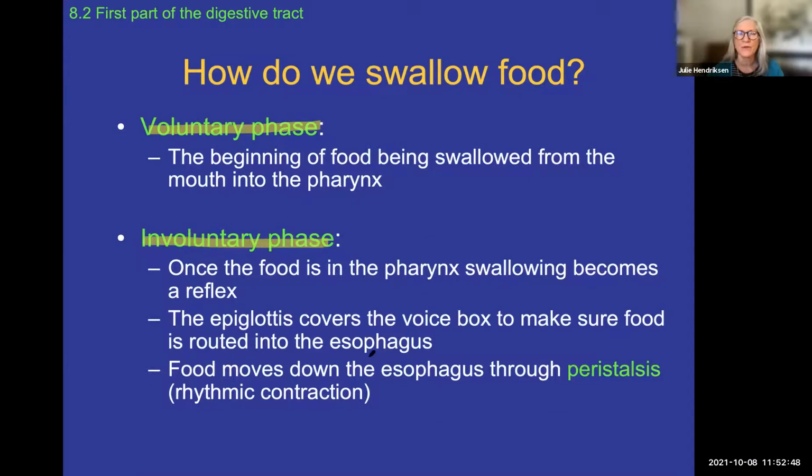All right, so food is in the pharynx and touches the back of the pharynx there and initiates a reflex. And understand, of course, we don't want it to go to the front of the throat, which would be where your trachea is and your larynx, your voice box. So there's a structure known as the epiglottis that is going to fold over, cover the space that goes to your trachea, your windpipe. And now you're just going to swallow and move that food down the esophagus toward the stomach.